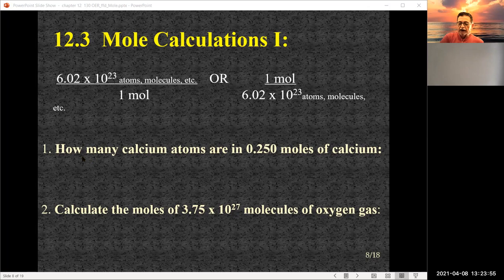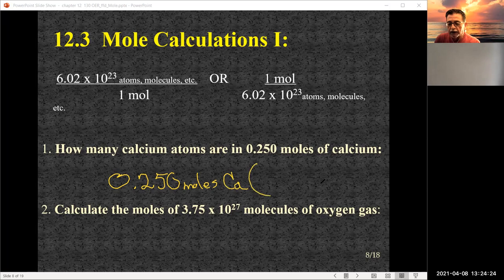So, for example, they're asking you here, how many calcium atoms are in 0.25 moles of calcium? All right, well, I'll tell you what, don't need to think too much about it, because the best way to attack this problem is to write down what you're given. Okay, and so I'm given 0.25 moles of calcium.